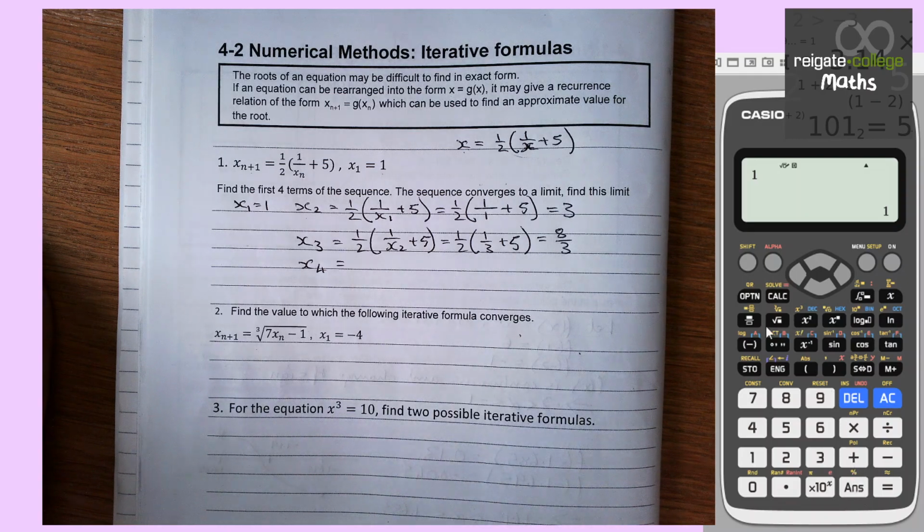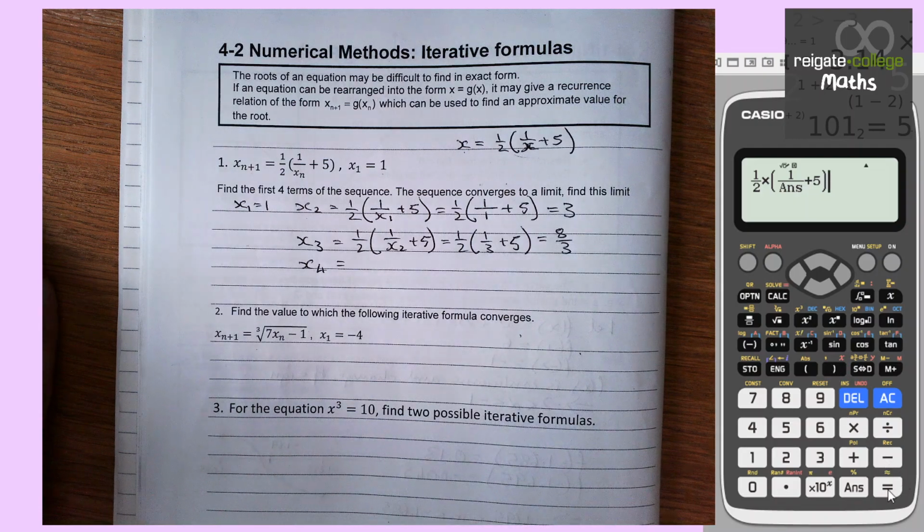So let's do it exactly as we've got it written there. 1 over 2 multiplied by, then in brackets, again we've got a fraction, 1 over, and now we're going to put in answer as our previous estimate, as our xn, plus 5. I'm a bit slow clicking the buttons on this calculator emulator.